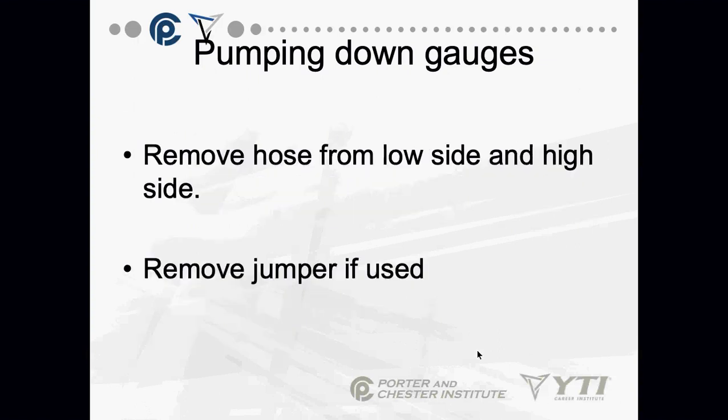Again, let's think about what we do with the gauges. I have two gauges, a low and a high side. My high side hose is full of liquid. My low side is normally a gas, and it's connected to the suction side, which is vapor.